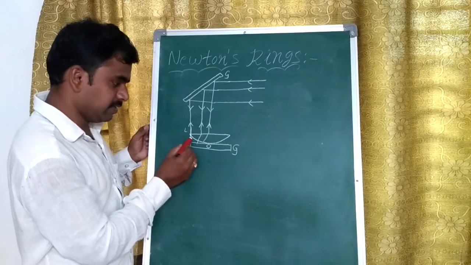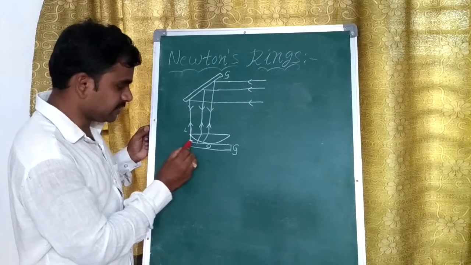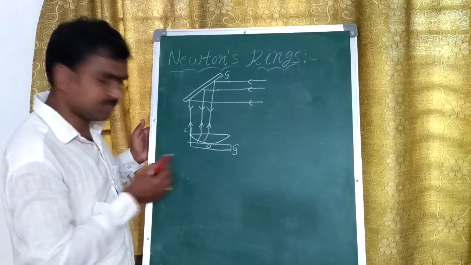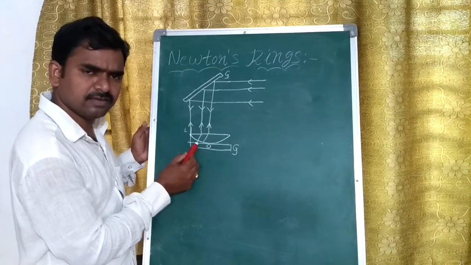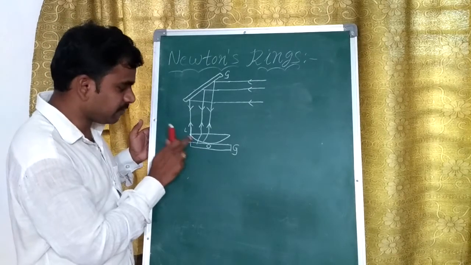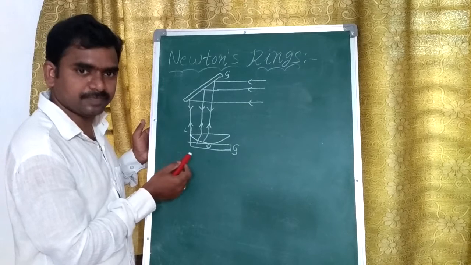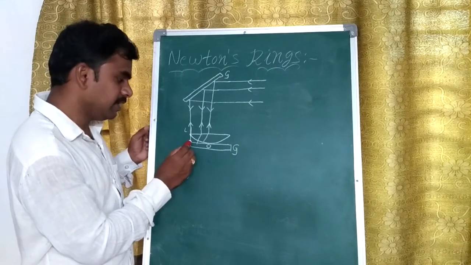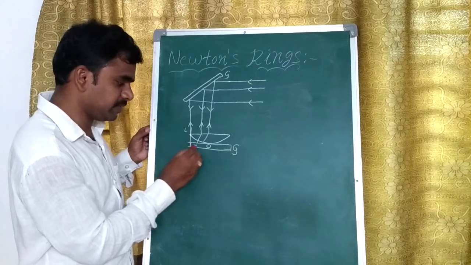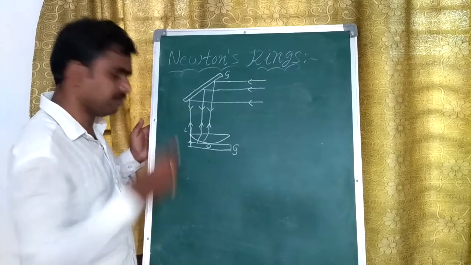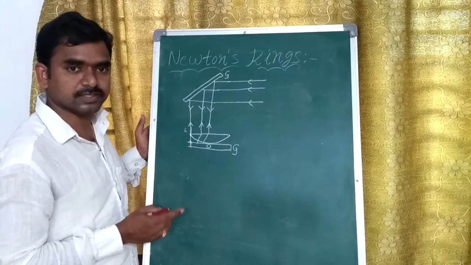Again, the transmitted beam reaches the upper surface of the plain glass plate. That is also the lower surface of this air film. Here also some of the part will be transmitted and some will be reflected.